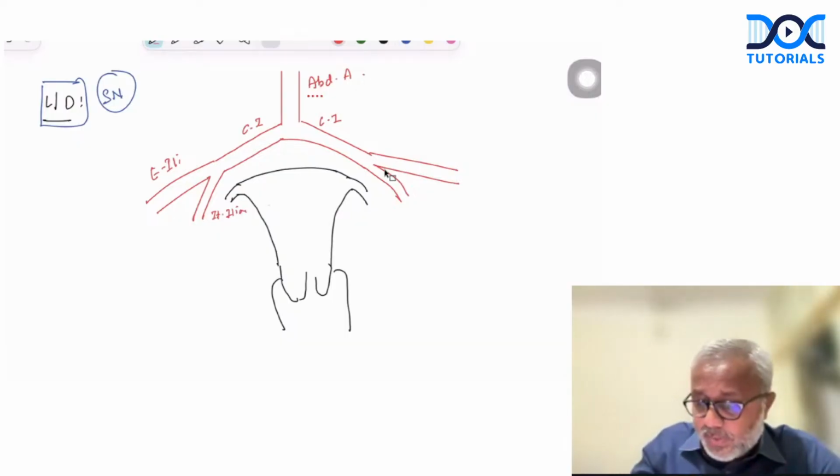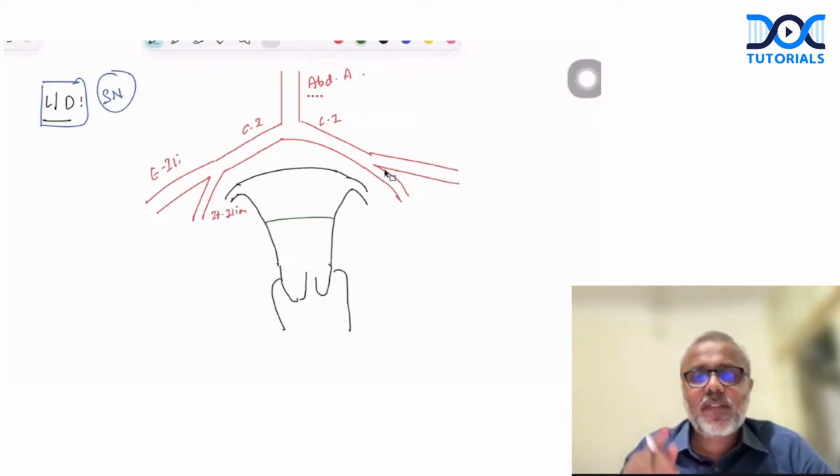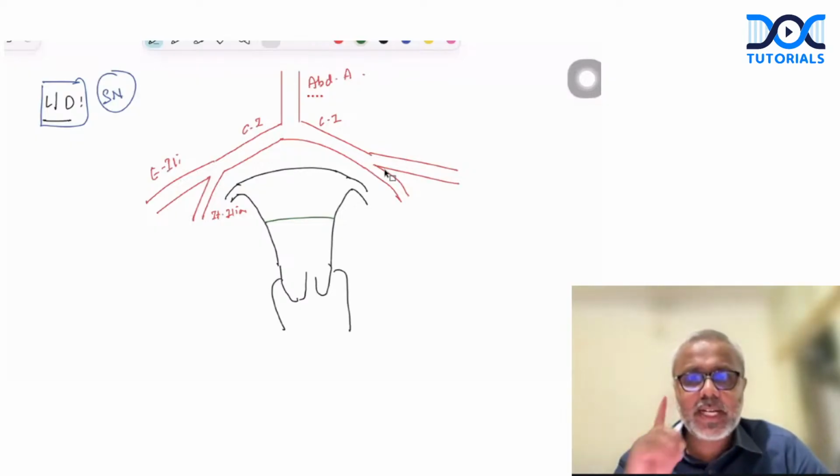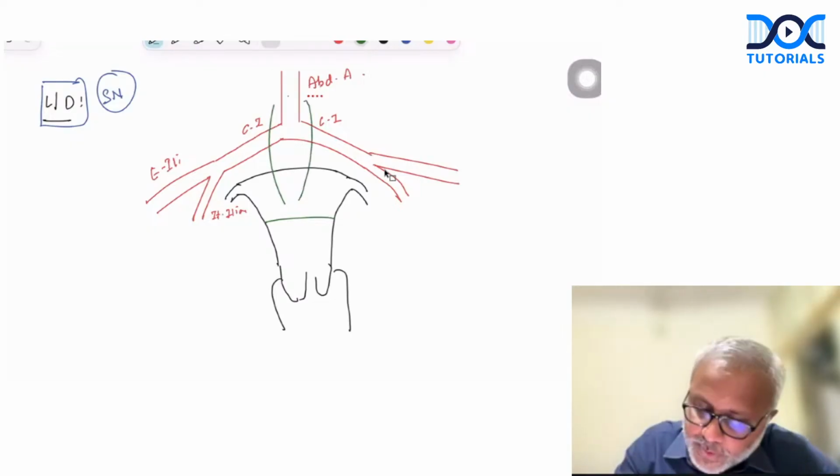Now, the lymphatic drainage from the upper part of the body. Where does the upper part of the body drain into? The upper part of the body drains its lymphatics into two lymph nodes. One is located right here, and one is located right here on either side of the aorta.